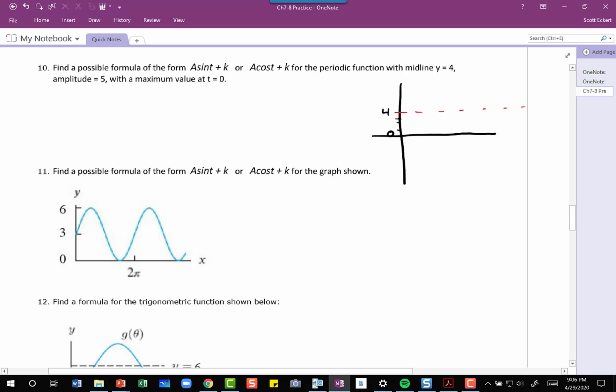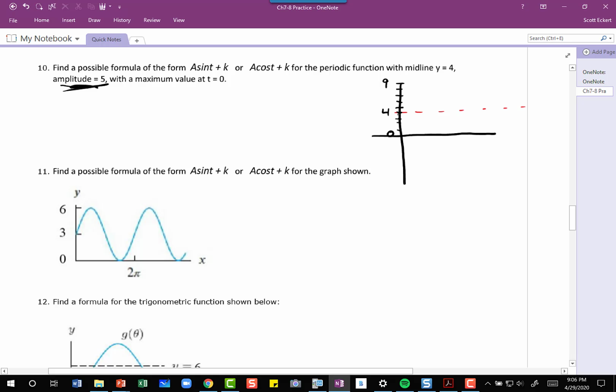And we've got an amplitude of 5. Okay, well, amplitude is the measure from midline. So if I'm in the midline of 4, my amplitude is 5, I'm going to have to go up 1, 2, 3, 4, 5 units up here to 9, and that makes the top of the window.